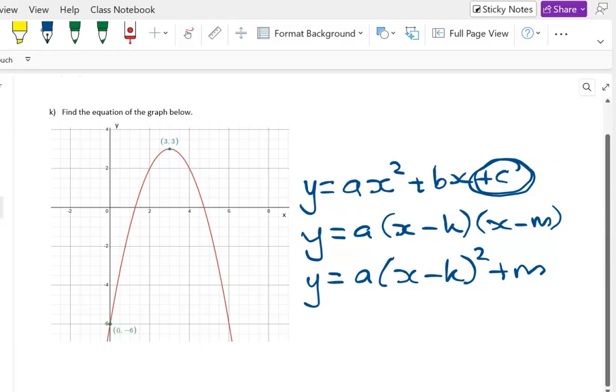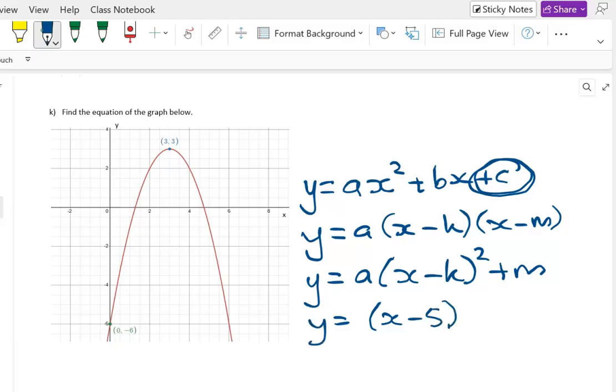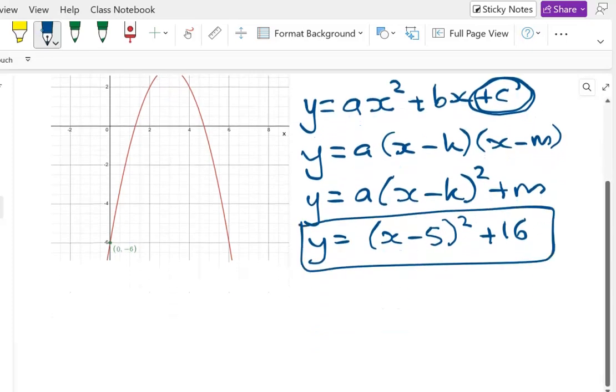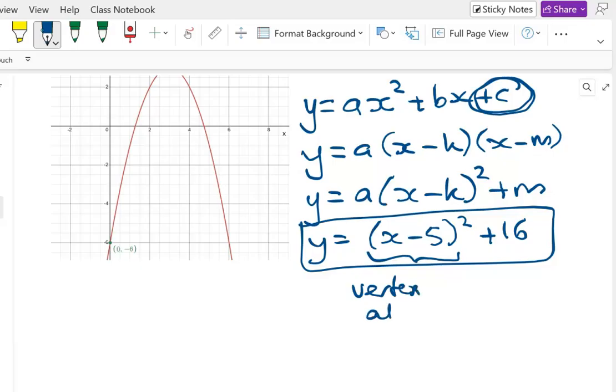Well, suppose we have y is equal to (x minus 5) squared plus 16. This has nothing to do with that graph, let's just look at an example here to start with. This tells me that the vertex will be when x equals 5.